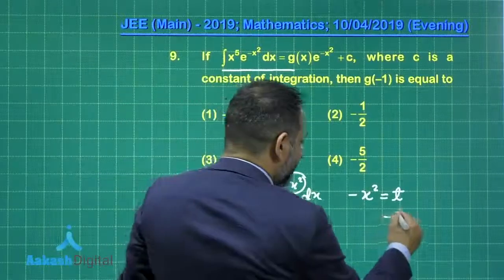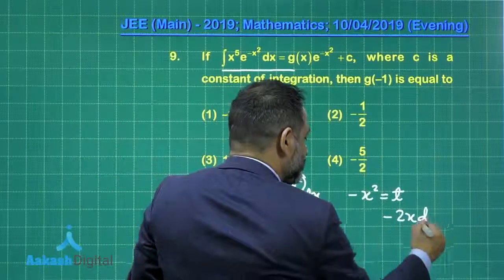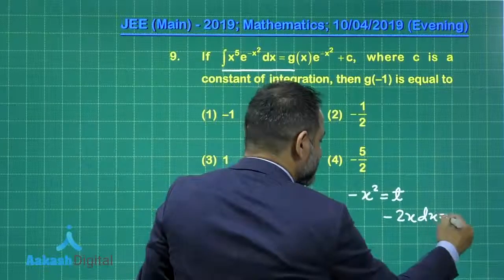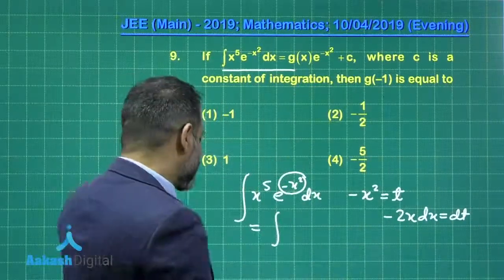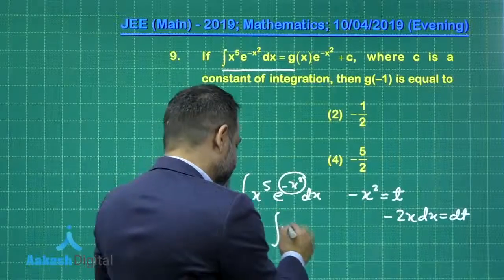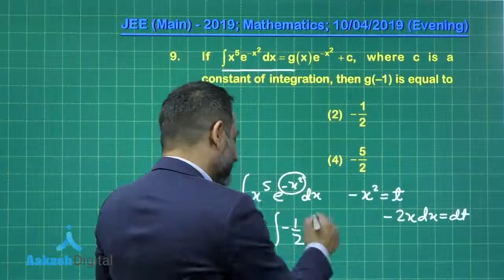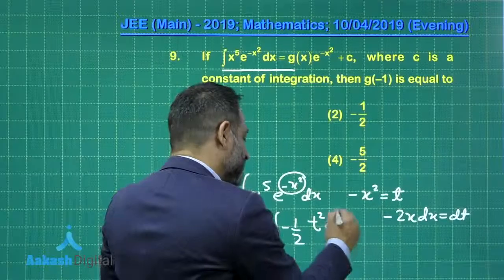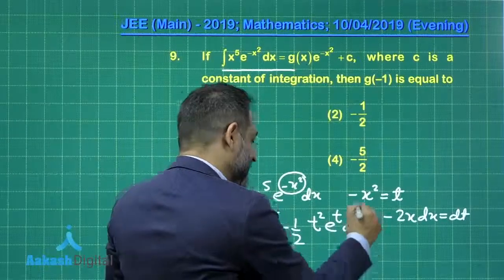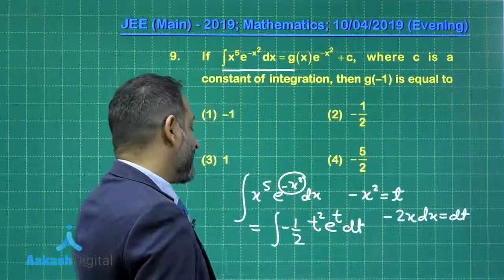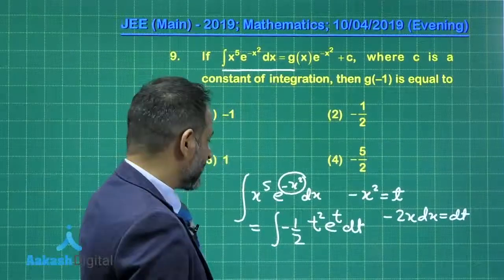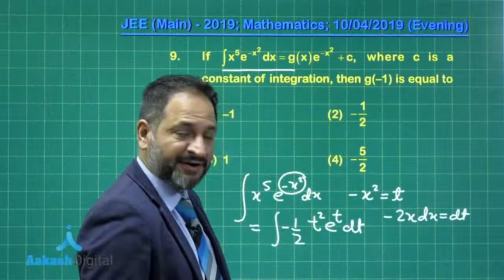So from here we have minus 2x dx is equal to dt. So this can be easily replaced in terms of dt. So it is basically minus half t square into e raised to the power t dt. Now the integral by parts you can apply here because there are two different functions.